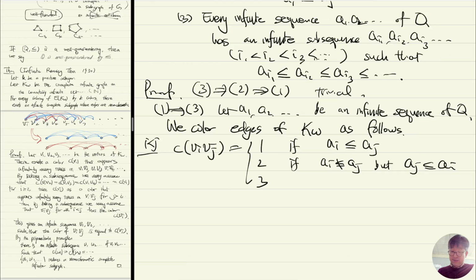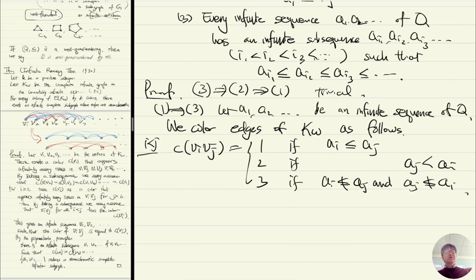So what that means is a_j is strictly less than a_i. And 3 is none of the above: a_i is not less than or equal to a_j, and a_j is not less than or equal to a_i. So we have 3 colors. Given an infinite sequence of elements from Q, we have a 3-coloring of the edges of the complete infinite graph, and we apply the infinite Ramsey theorem.